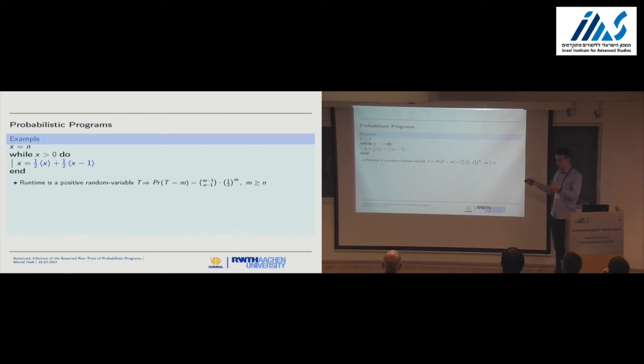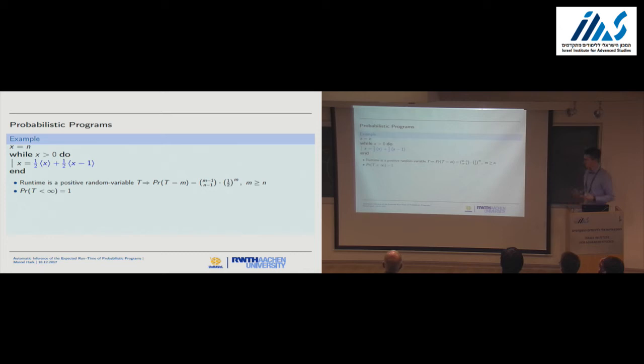But the last step, we decrease by 1 and then we reach 0. So we only have n minus 1 left. And so we can choose n minus 1 out of m minus 1 to be the decreasing ones. The other ones are the ones where it stays as it is. And as we toss the coin m times, this is the probability.